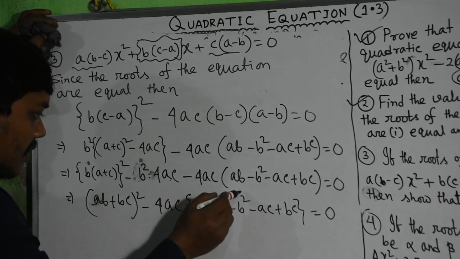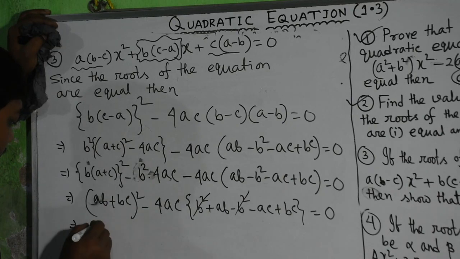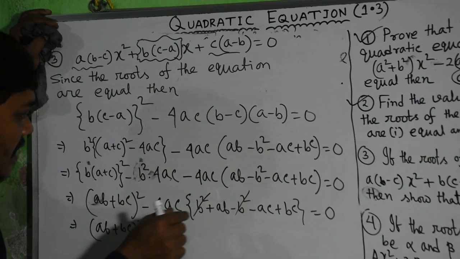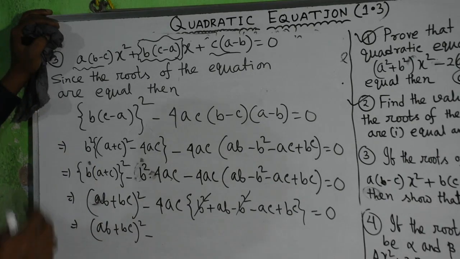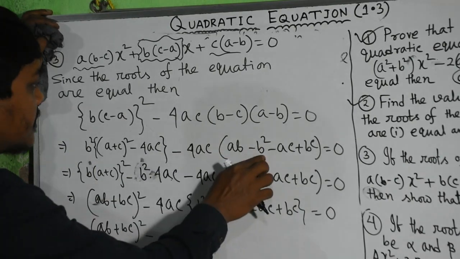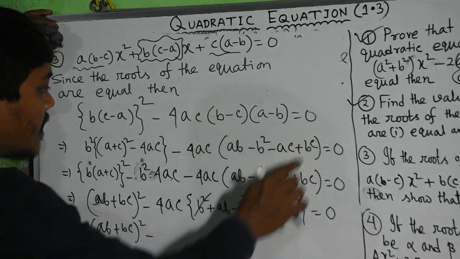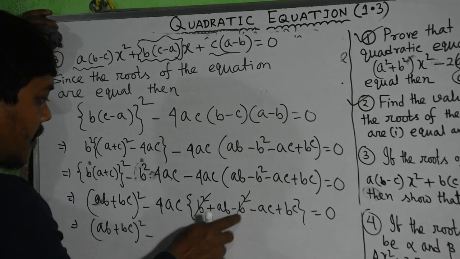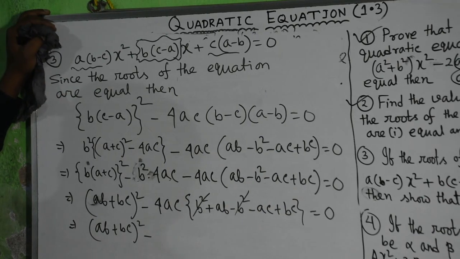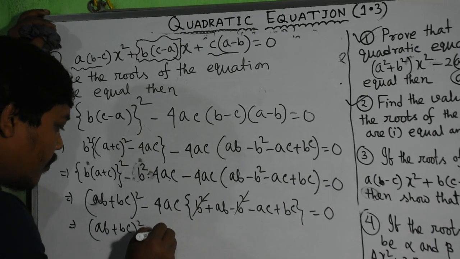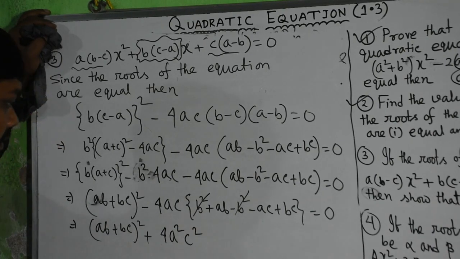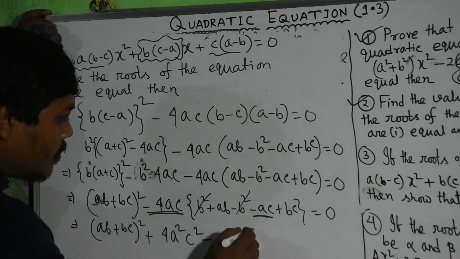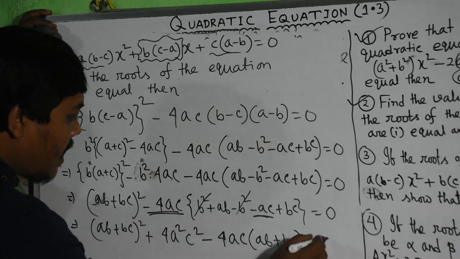So b square cancelled, and you will get ab plus bc whole square and minus 4ac into ab plus bc. Am I right?